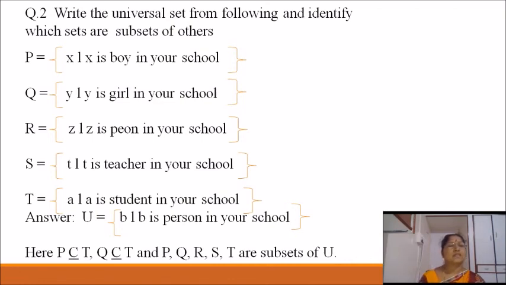As well, we can notice that the boys and girls are students. That is, elements of P are boys, elements of Q are girls, and elements of T are students. Therefore, P is a subset of T as well as Q is a subset of T. And all the sets, that is P, Q, R, S and T, are subsets of U.